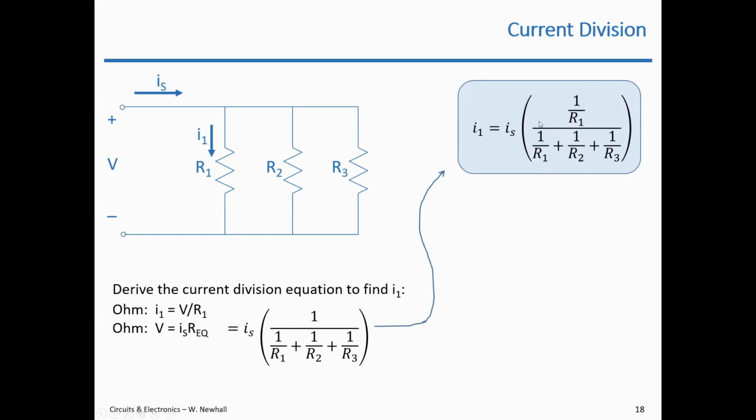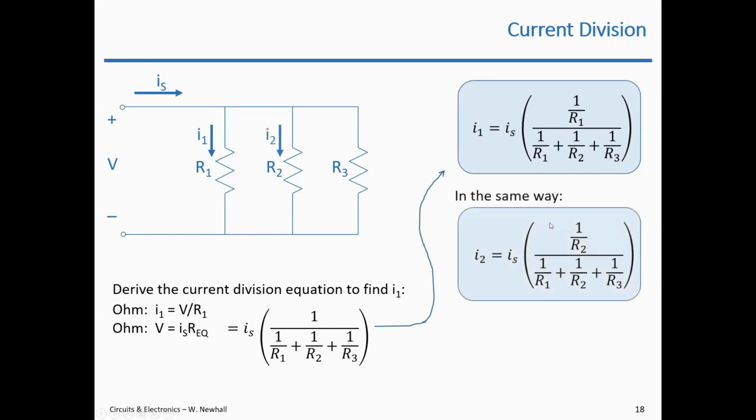Okay, so that pattern repeats itself. In the same way, I2 is equal to the current coming into the parallel set times the ratio of 1 over the resistance through which you're trying to find the current, divided by the sum of the reciprocals of all the resistances. Okay, same thing for I3.